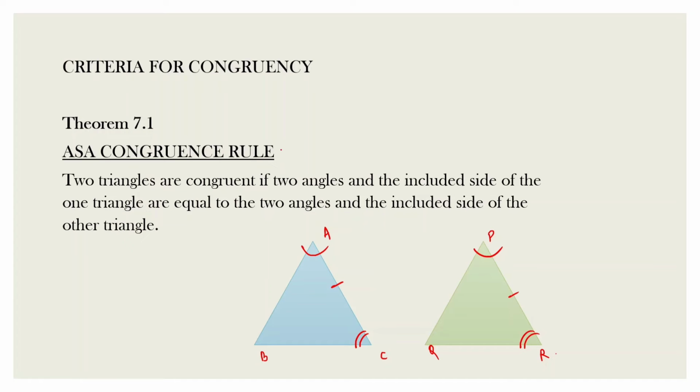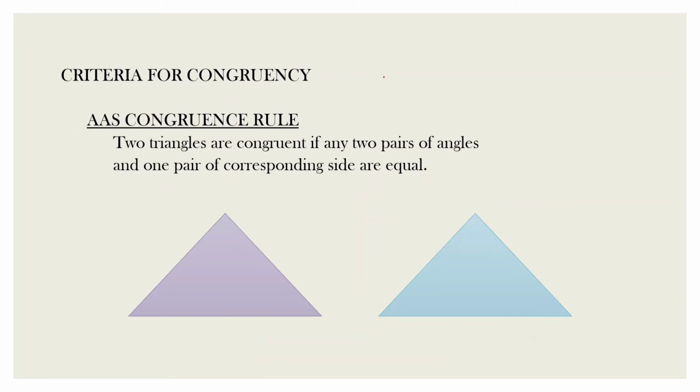Thus, by ASA congruency rule, we could say that triangle ABC is congruent to triangle PQR. The ASA congruency rule stands for angle, side, angle.